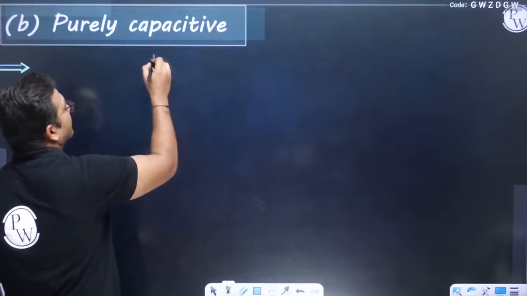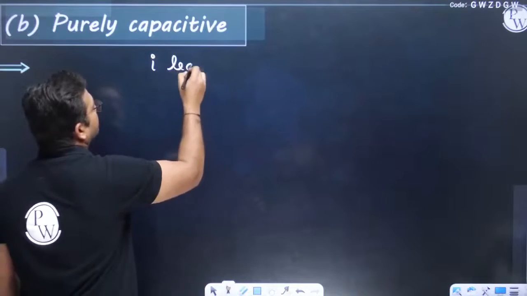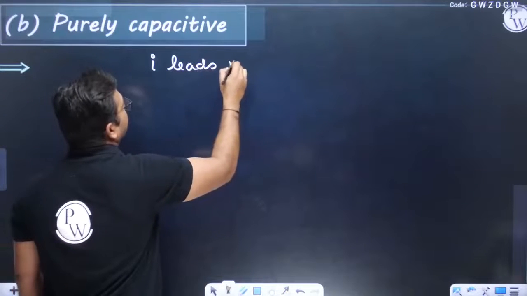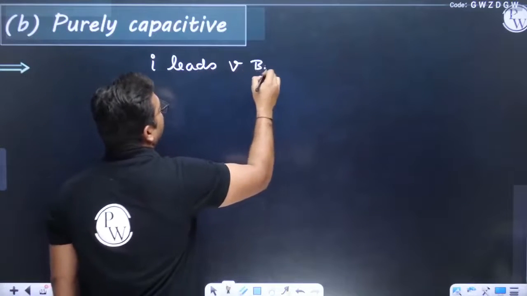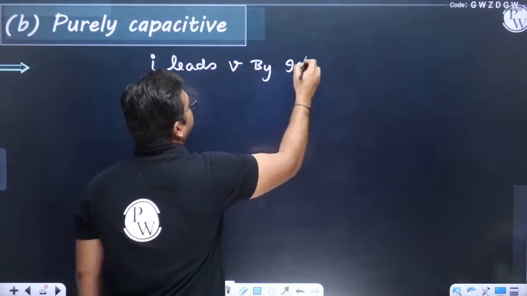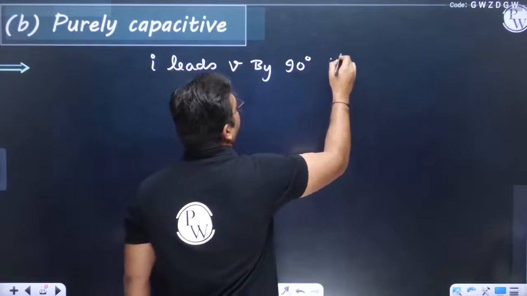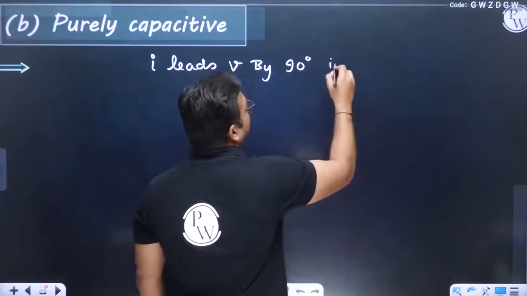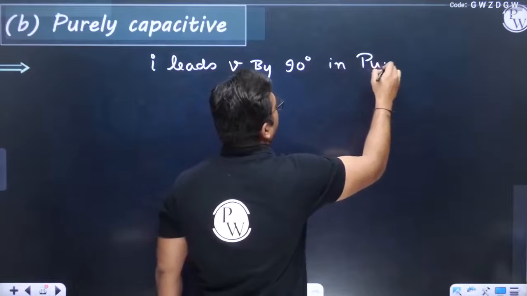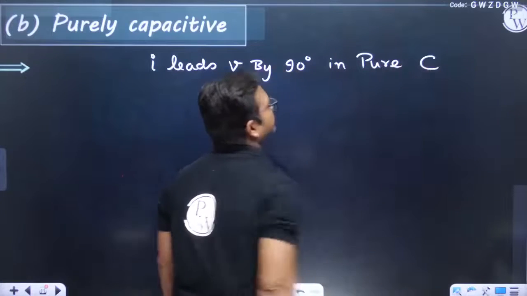The current leads voltage by 90 degrees in a pure capacitance.